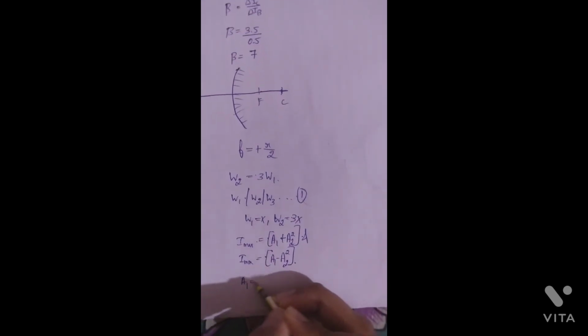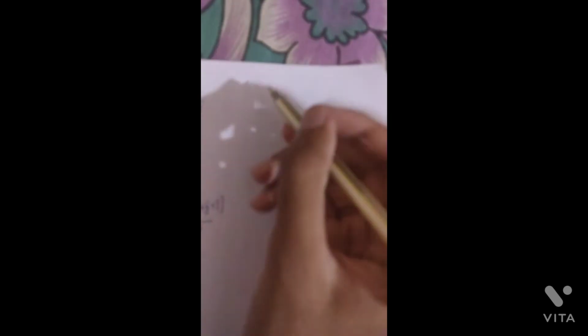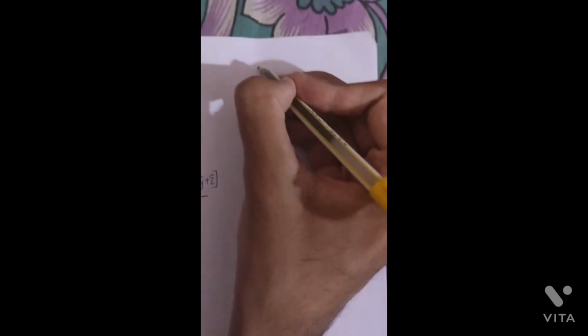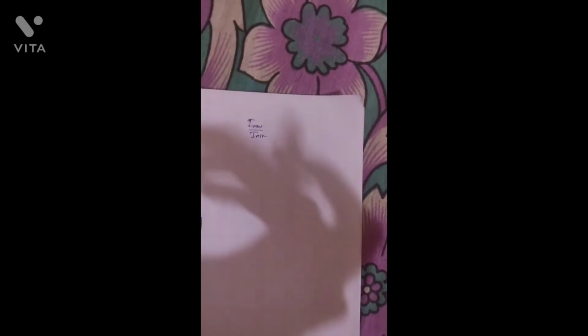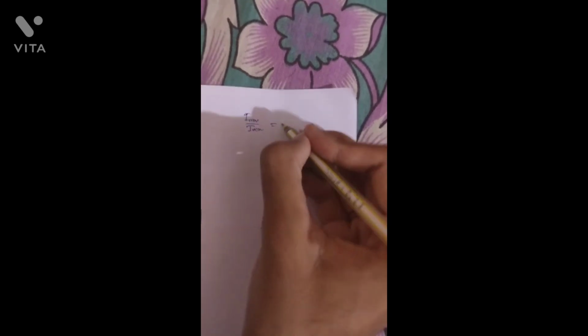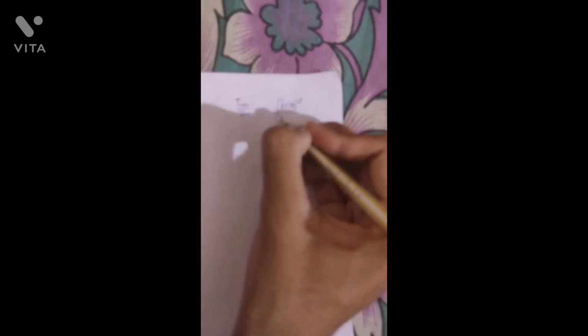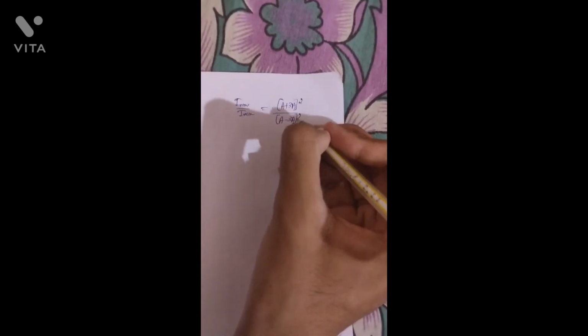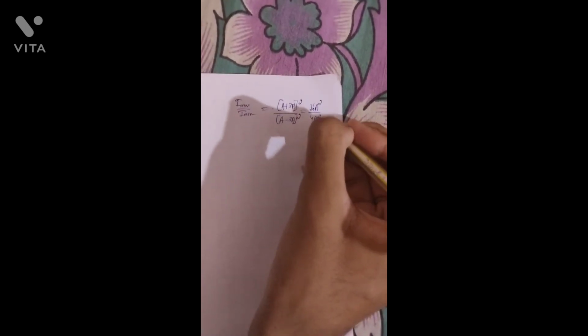If a1 is equal to a and a2 is equal to 3a, then I max by I minimum is equal to (a plus 3a) whole square by (a minus 3a) whole square, which is equal to 16a square by 4a square, which is equal to 4 by 1.